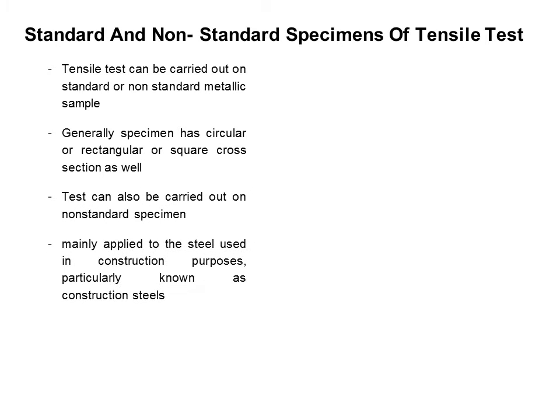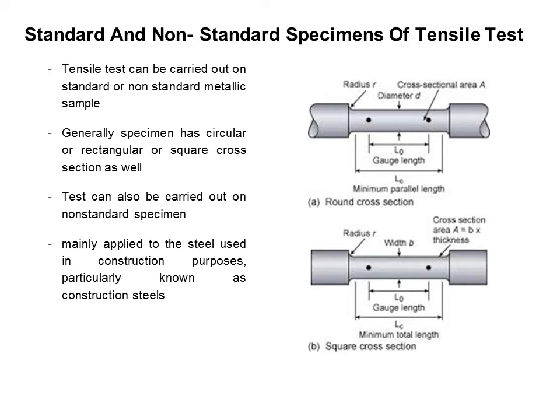So, first of all, before going to the procedure of the tensile test, we will see standard and non-standard specimens of the tensile test. The tensile test can be carried out on a standard or non-standard metallic sample. Generally, the specimen has a circular, rectangular or square cross section as well. The test can also be carried out on a non-standard specimen, mainly applied to the steel used in construction purposes, particularly known as construction steel.